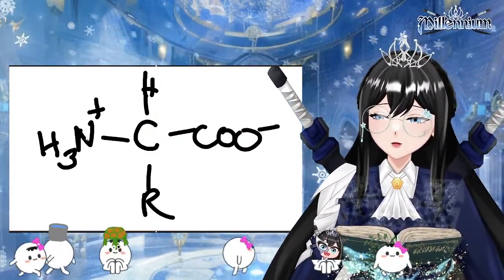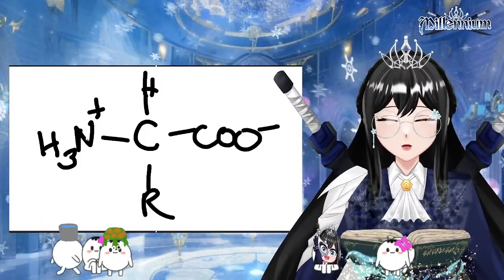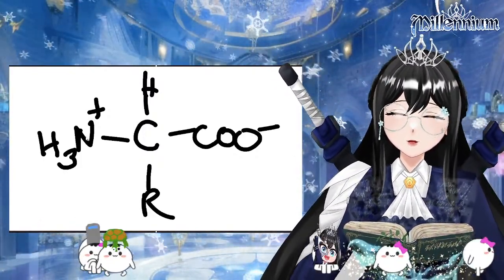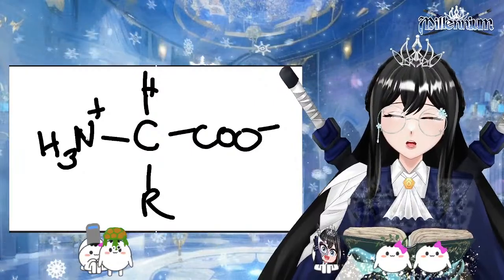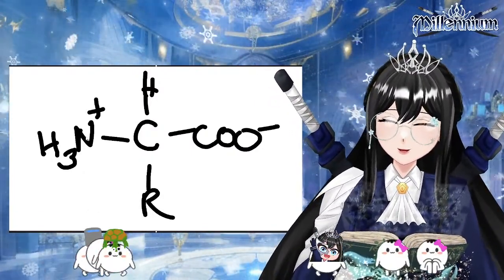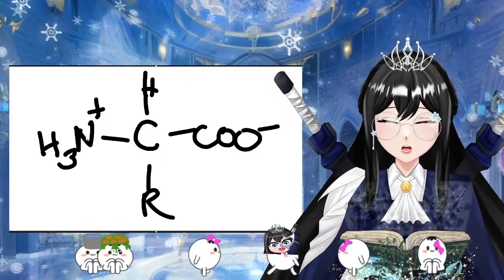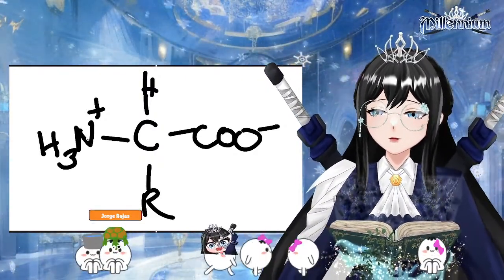Why is glutamate considered the central hub? It's because amino groups from different amino acids can be transferred to alpha-ketoglutarate, which would form glutamate. And this centralization allows nitrogen from multiple sources to be funneled into a single metabolite.